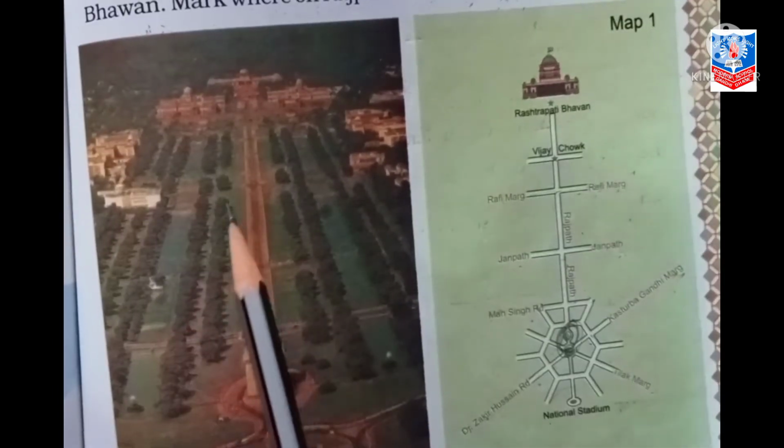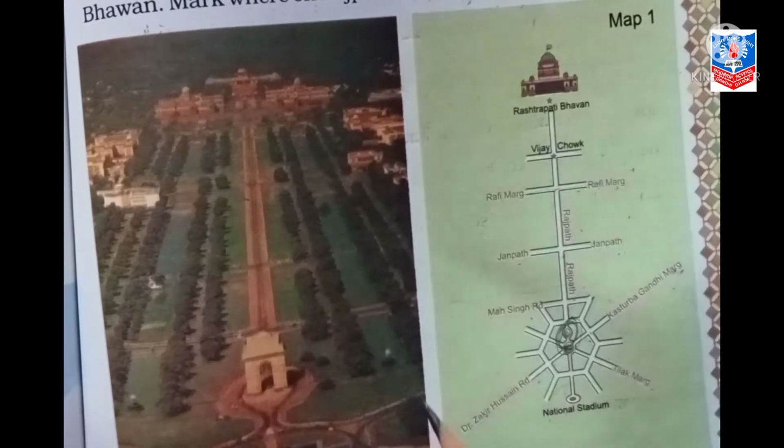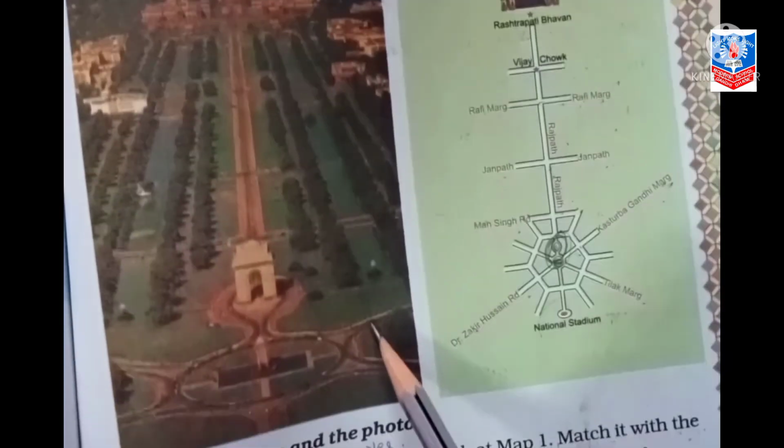Now see, this is Rafiq Marg, Janpath Marg, Mansingh Road. See here, this is Kasturba Marg. Here it is Zakir Hussain Road, Tilak Marg, etc.